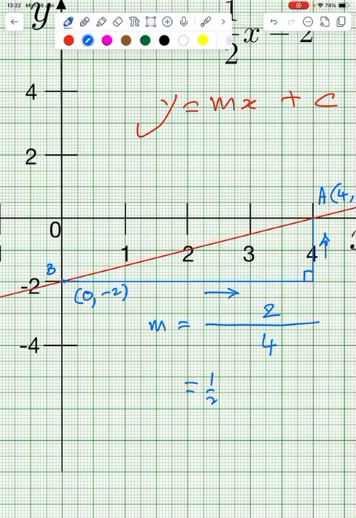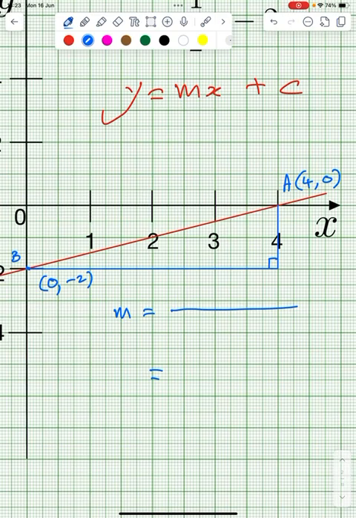Now, another way to show by calculation. How are you going to do it? By using the formula. Remember your formula? Your m is equal to y2 minus y1 over x2 minus x1.